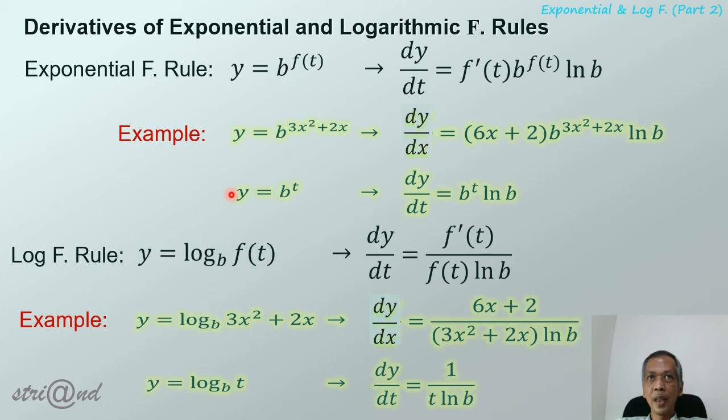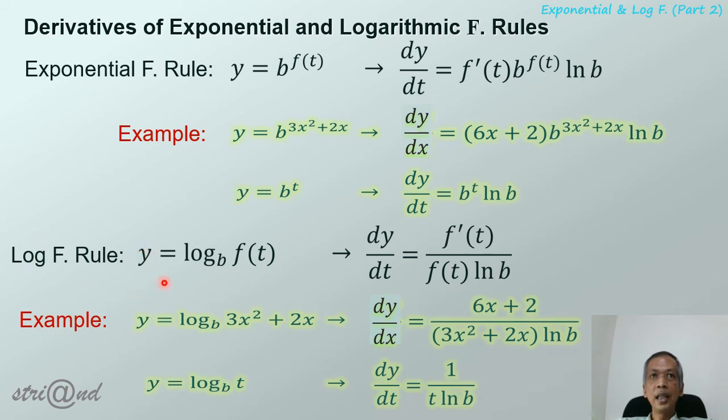Another example, when we have y equals b to the power of t, the derivative of y with respect to t is, the derivative of t is 1, here 1 times b to the power of t times the natural logarithm of b.